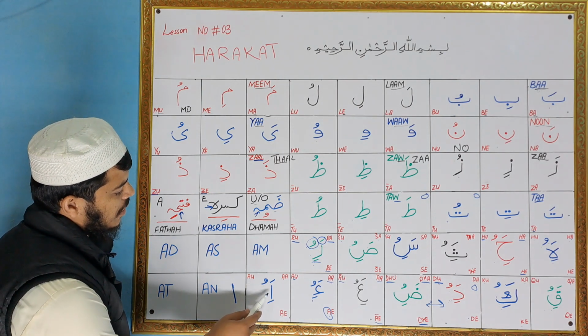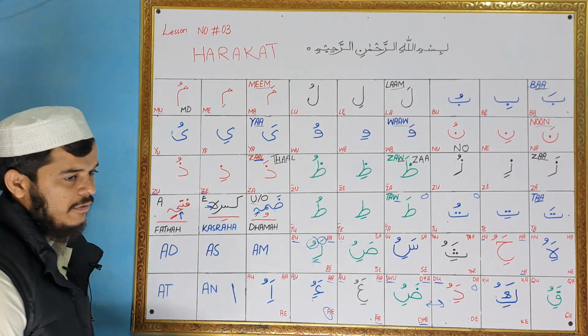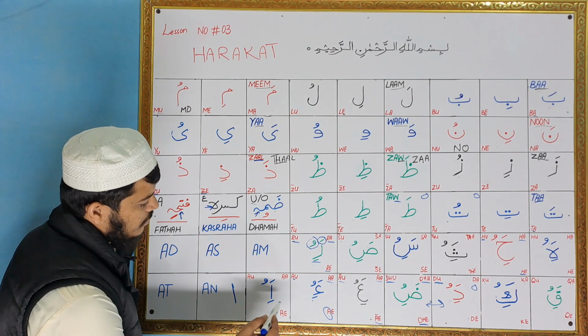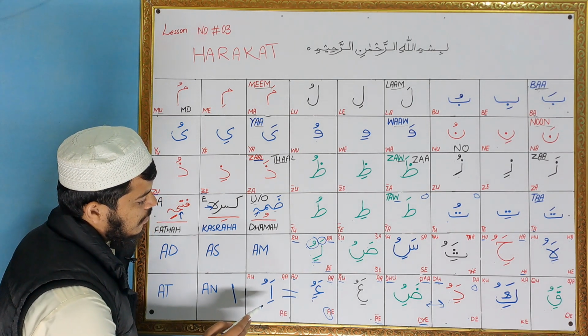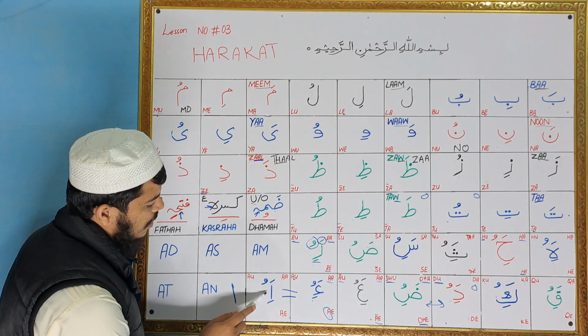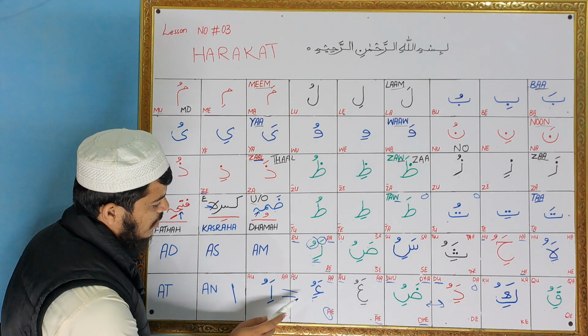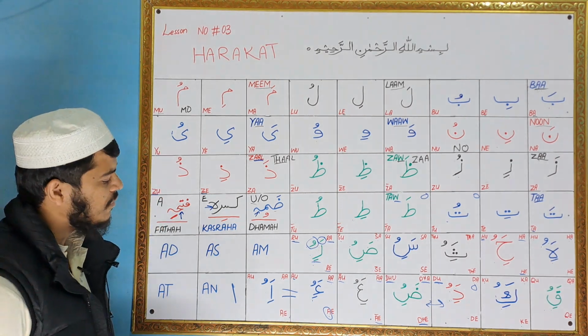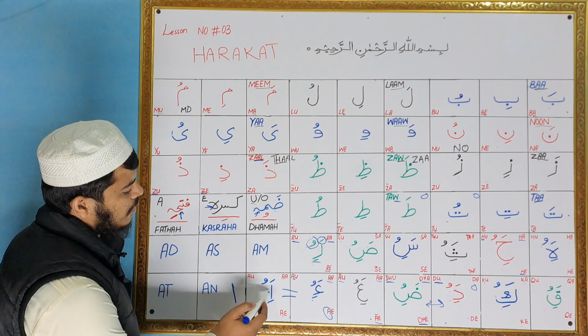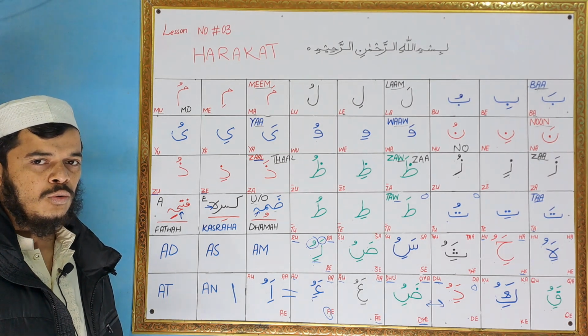And whenever any sign comes on top of alif, it will give the same sound as hamza. Alif fatha will give the same sound a, alif kasra gives the same sound as hamza kasra, e, exactly the same, nothing is different at all. And alif dhamma will give the sound u.